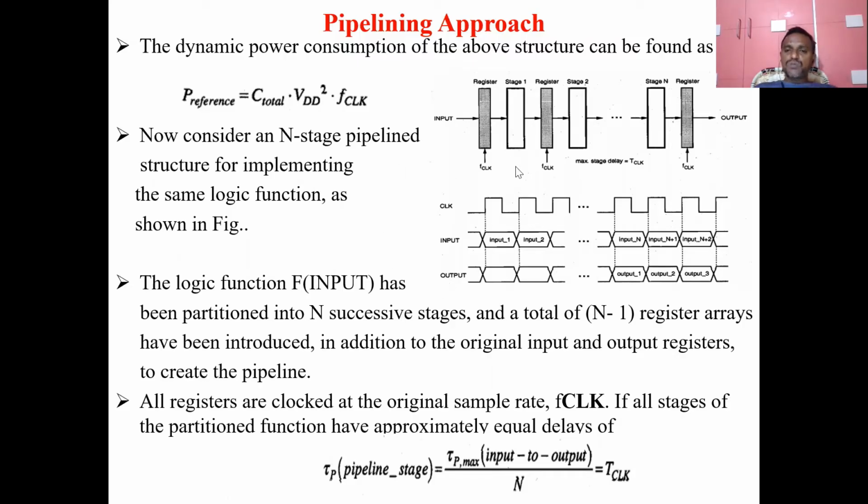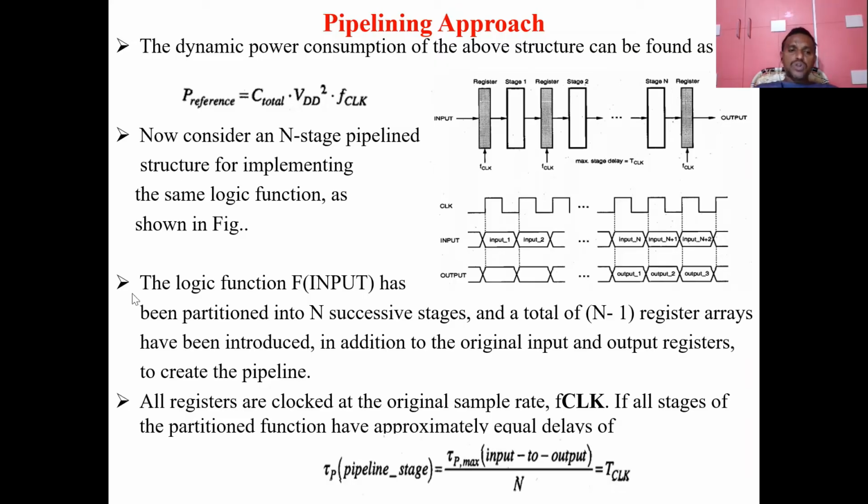For each stage we require two registers, but the output register of the first one acts as the input register for the second one. Like that, the output register of the n-1 stage acts as the input register for the nth stage. So here we require a total of n-1 register arrays.